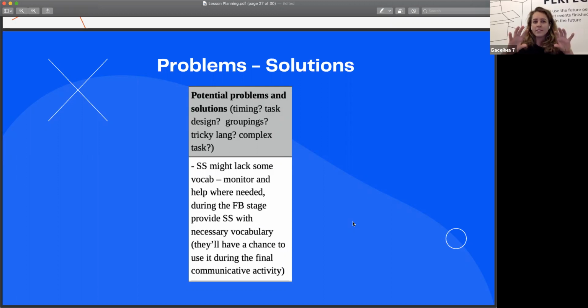Pronunciation or communicative activity? What is our aim? Communicative activity. That is why we can sacrifice the pronunciation, but still conduct the communicative activity, because that is our heart, the focus of the class. And pronunciation you can cover during some other classes, because pronunciation appears everywhere. It's like everywhere, believe me.